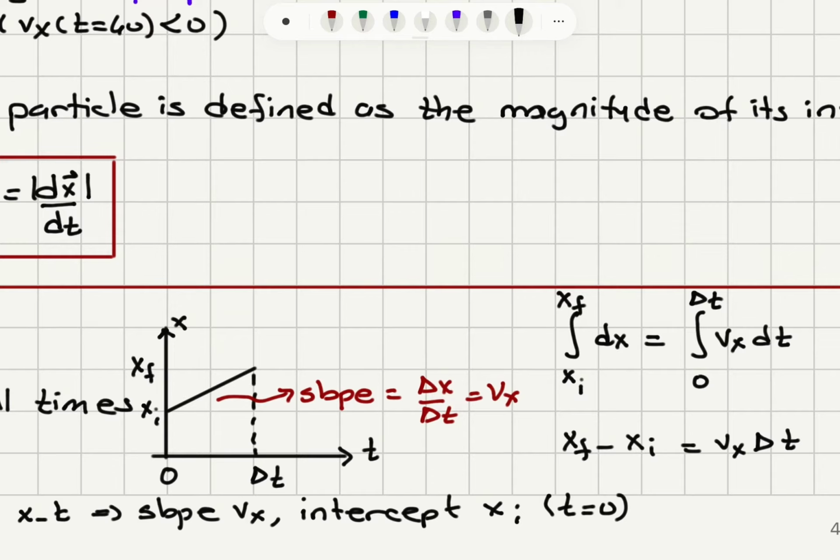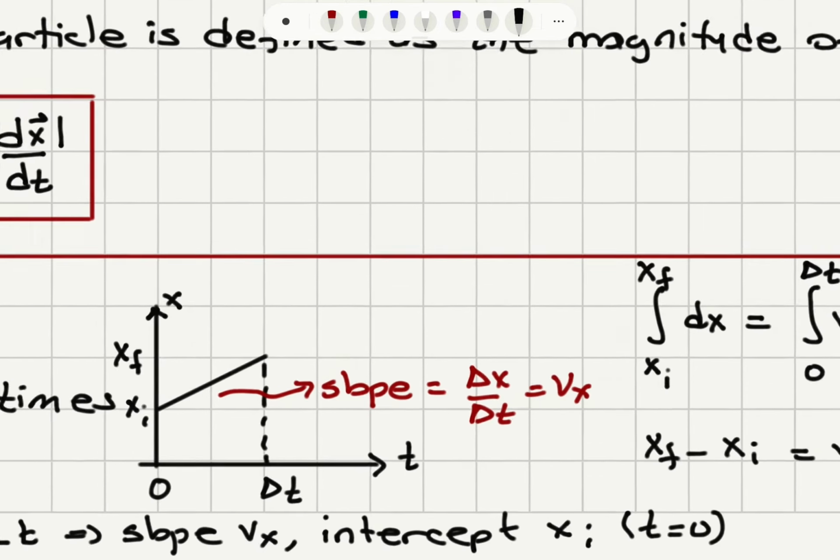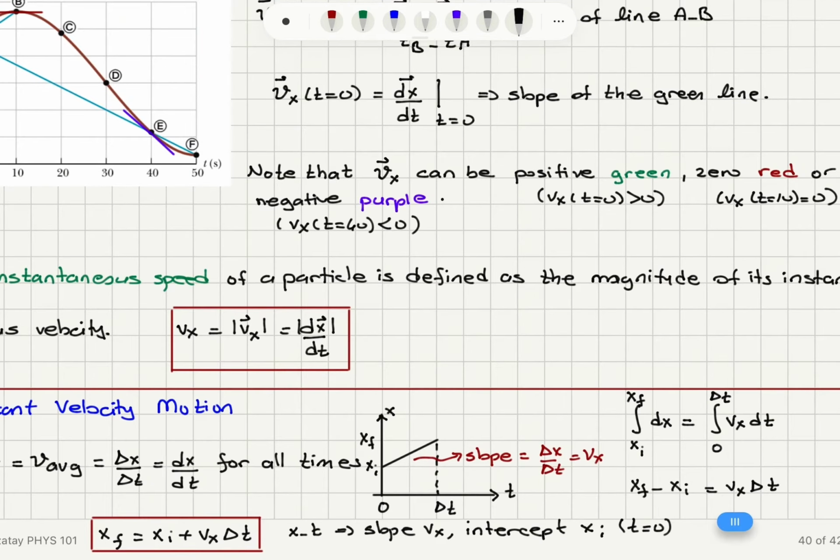The integral of Vx dt gives us Vx delta t, and you can see that this tells us delta x must be equal to Vx delta t. You can see that from the slope here. So that means x final is equal to x initial plus Vx delta t.